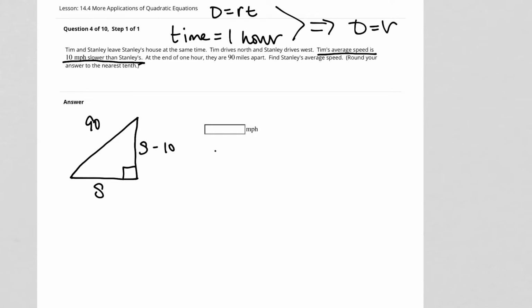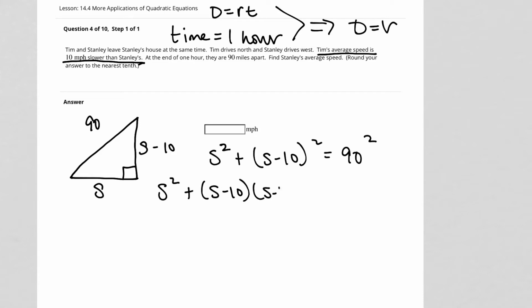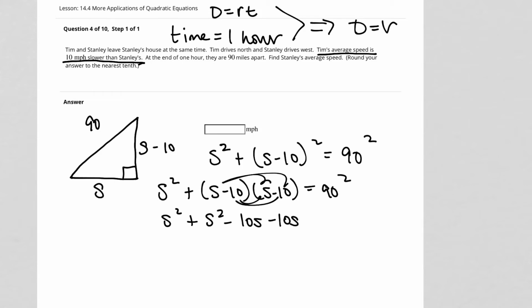Based on the Pythagorean theorem, then we're going to have S squared plus (S minus 10) squared equals 90 squared. That is S squared plus (S minus 10) times (S minus 10) equals 90 squared. That's S squared plus S squared minus 10S minus 10S plus 100 equals 8100.